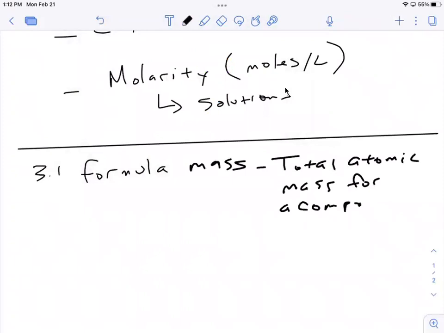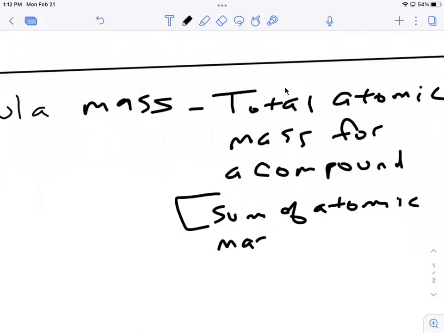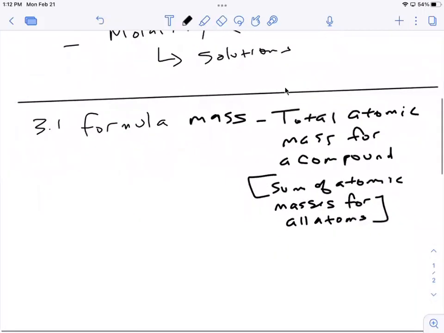You literally determine the formula mass by summing up every atom. Right, so it's the sum of atomic masses for all atoms in a particular compound.